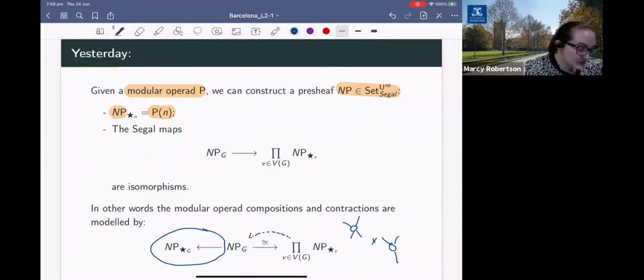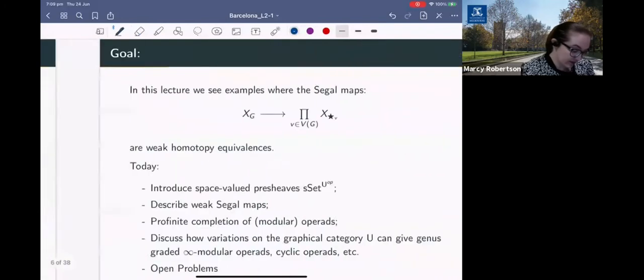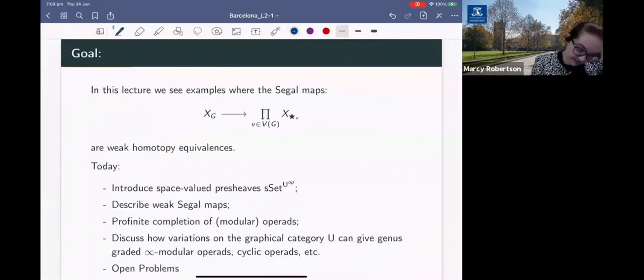Okay, so we know how to go from modular operads to set valued pre-sheaves. All right, so our goal today is to think about what happens when we have pre-sheaves where our Segal maps are just homotopy equivalences.